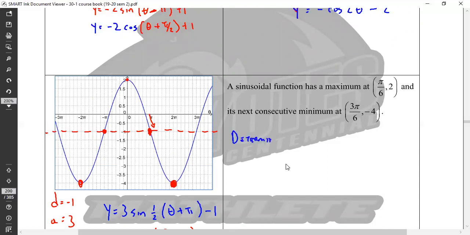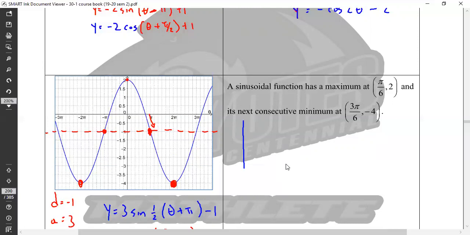Well, we can do all four. Yep, let's just do all four again. That's what we're doing on this page. So same thing, we just don't have a graph for this. But we have a maximum at pi over 6 comma 2, and its next consecutive minimum is at 3 pi over 6 comma negative 4.